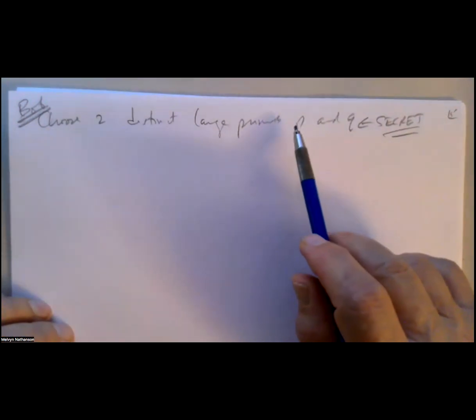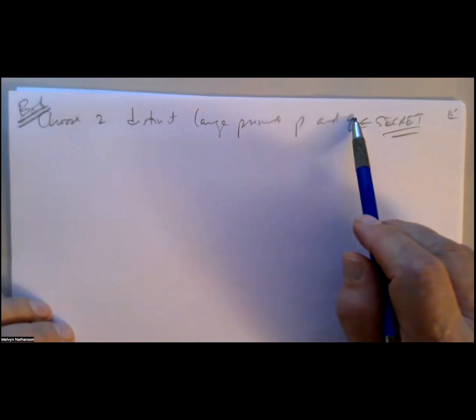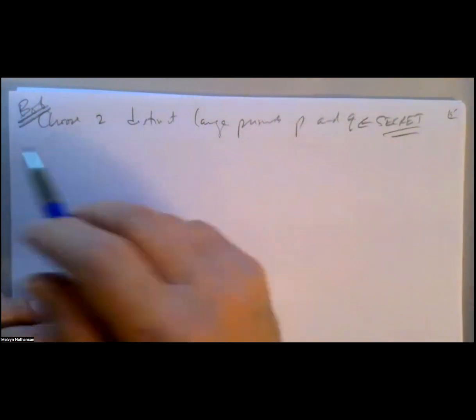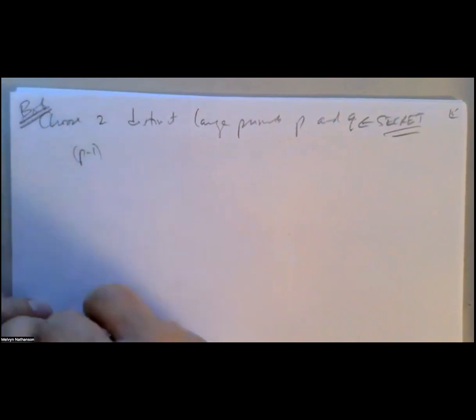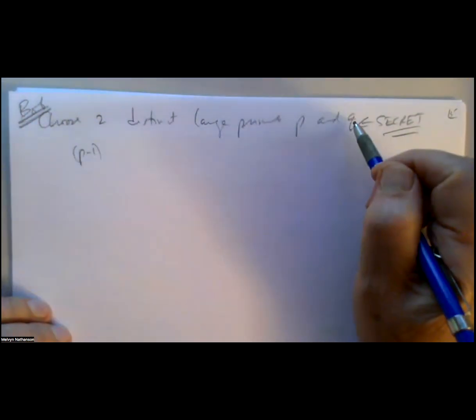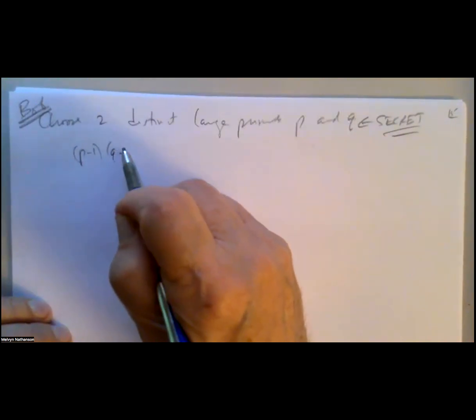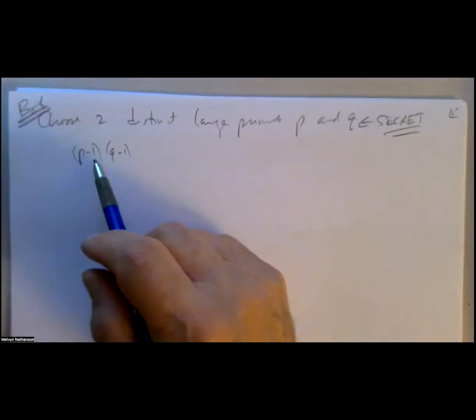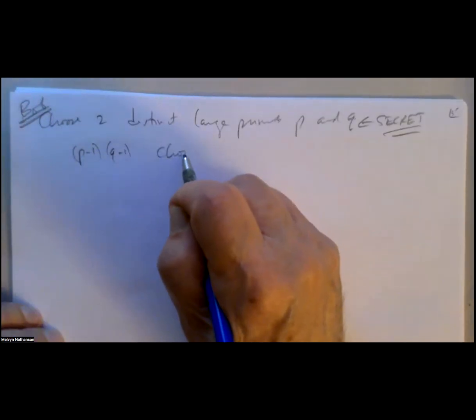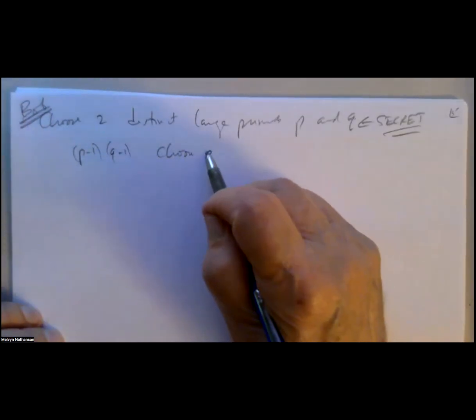Now, Bob knows P and Bob knows Q. So if you know P, you can subtract 1, and you know P minus 1. If you know Q, you can subtract 1, and you know Q minus 1. And you can multiply those two numbers together. So you get a big number. And lots of numbers are relatively prime to this. So you choose an encryption key.